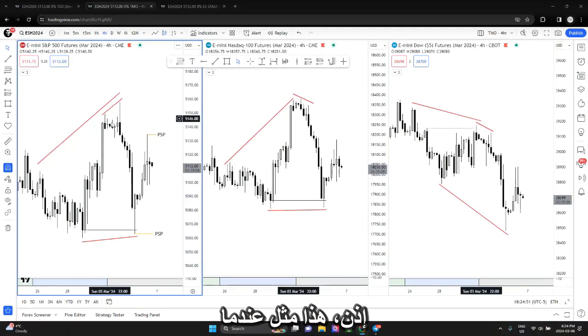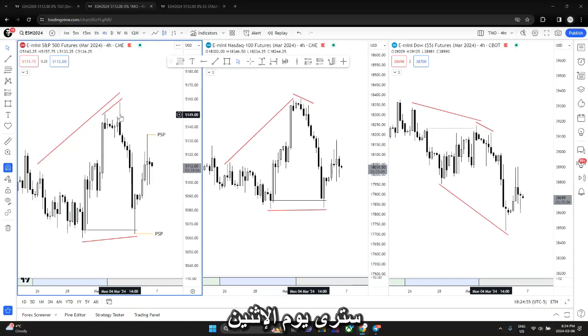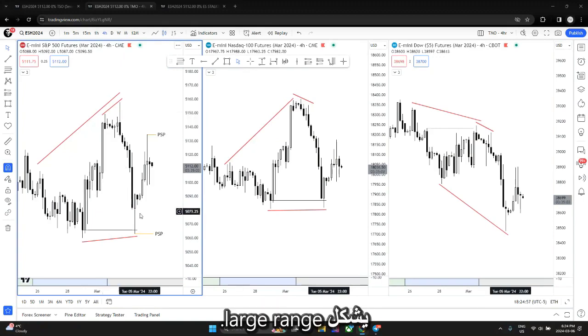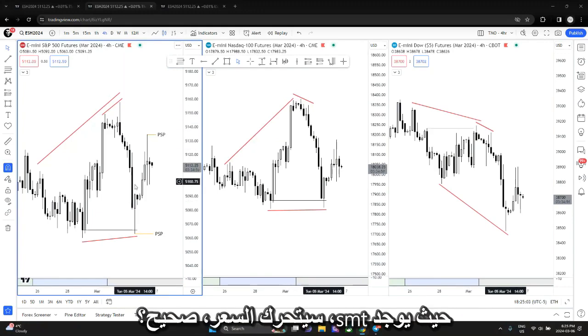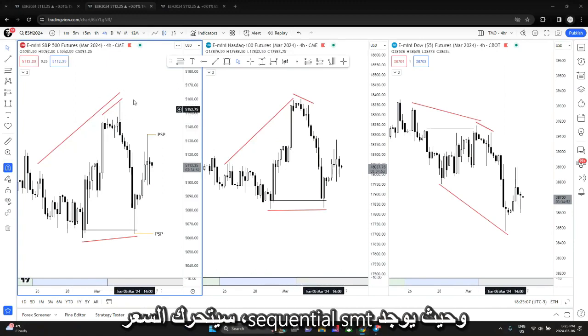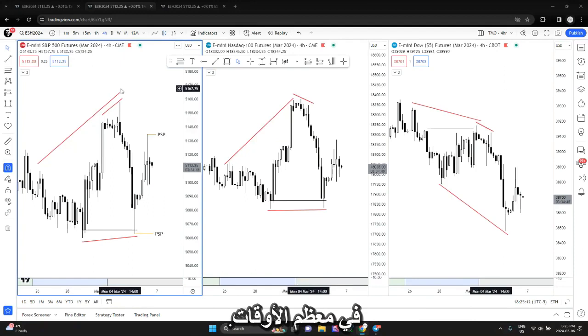So this is when you'll see Monday forming a large range. This is why Monday forms a large range. Where there's SMT, price will move. Where there's sequential SMT, price will more times than not move.